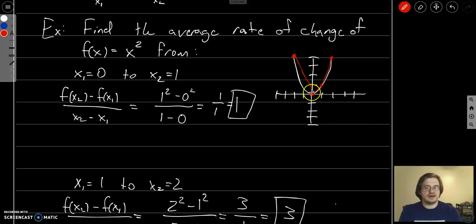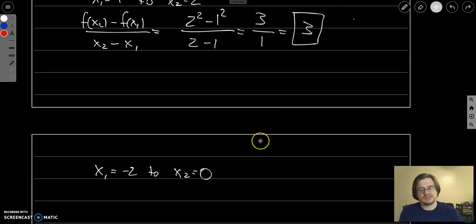The idea here is that this line should look a little bit steeper than the first one, but maybe not quite as steep as the second one. But here we should be going down, and by going down, I mean we should have a negative slope. So let's check it out.